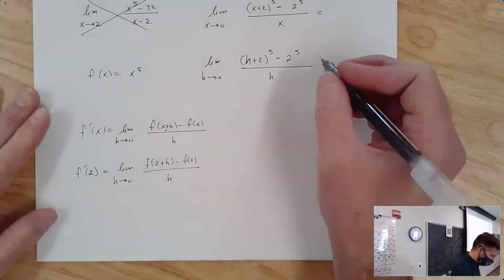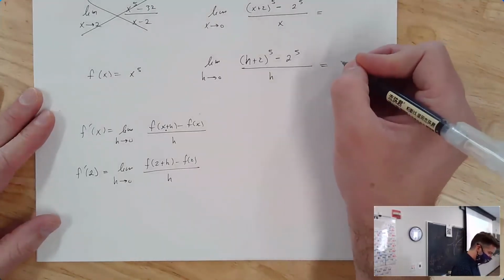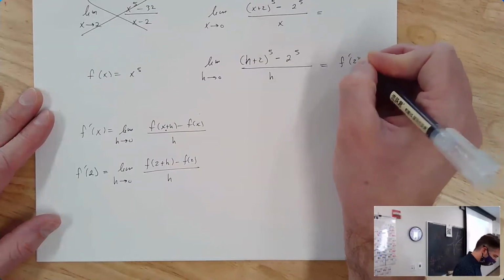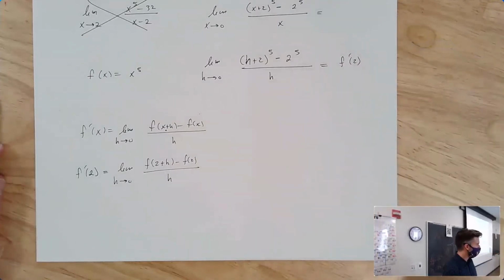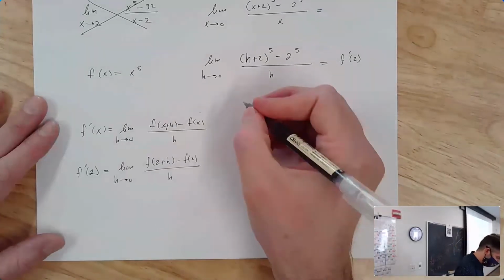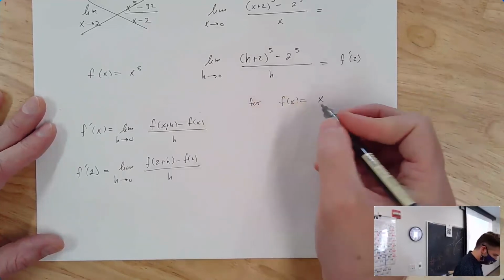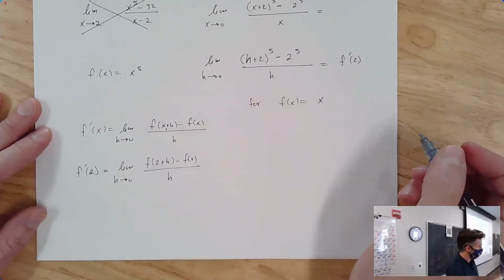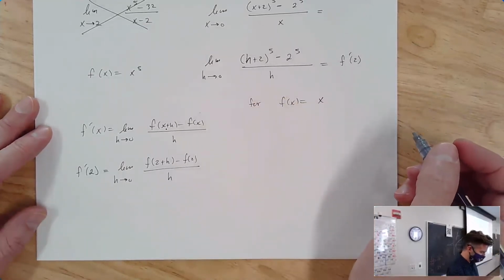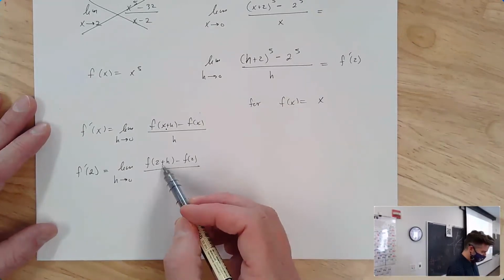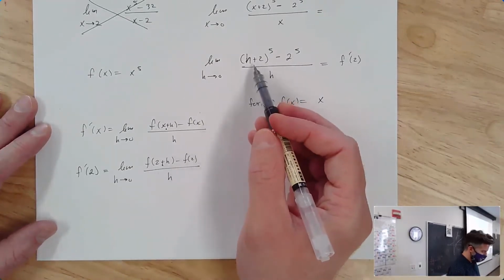So you can say, okay, this equals f prime of 2 for what function? What is actually the function? Well, if I'm plugging in 2 plus h or h plus 2, and then what am I doing to it?